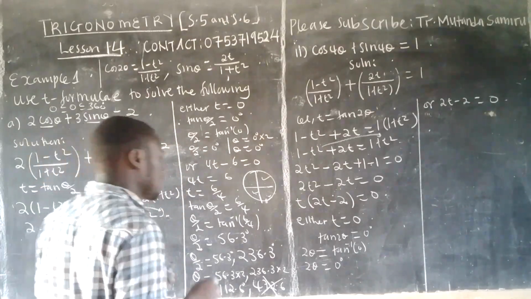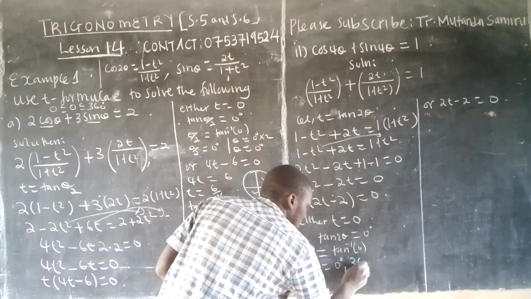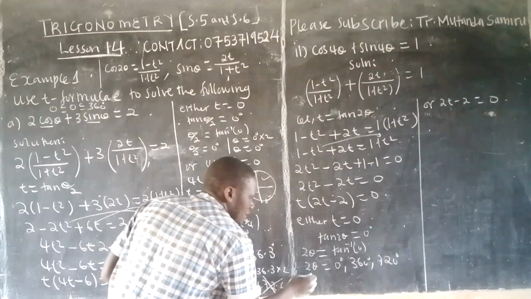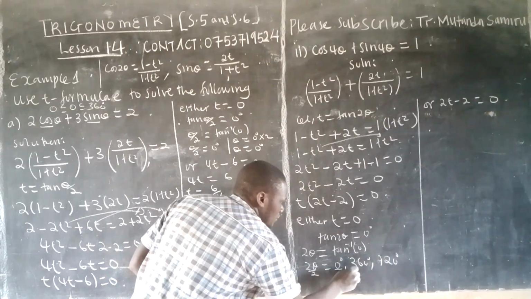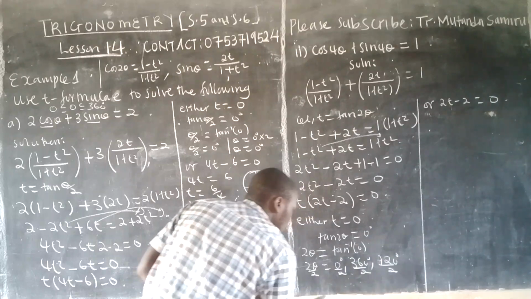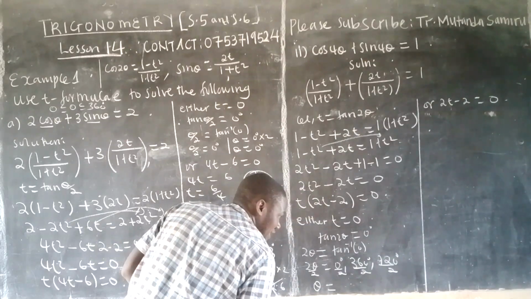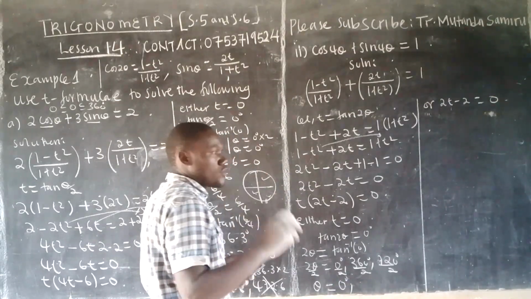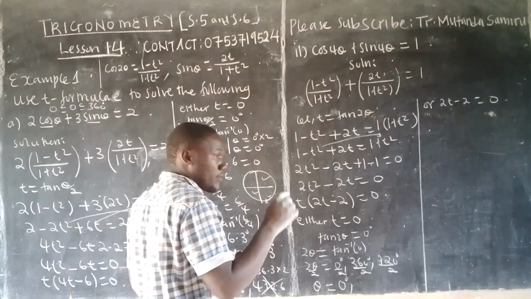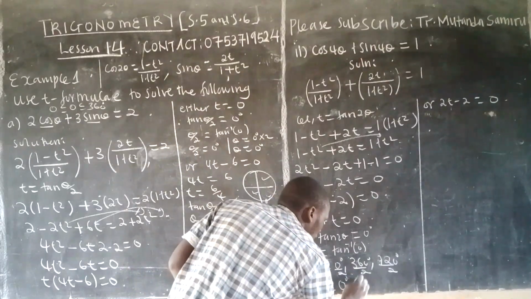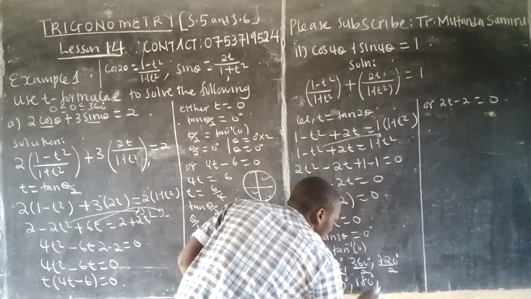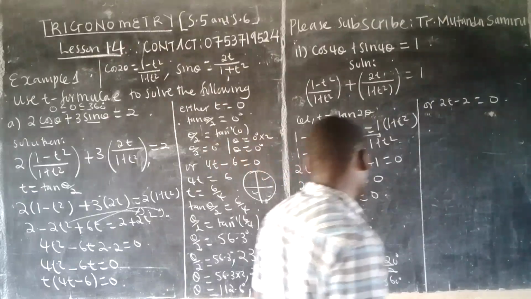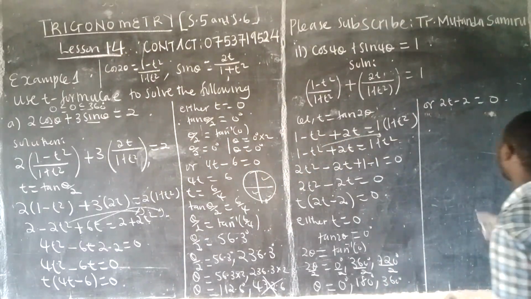So we have 0, 360, 720. Then after that, divide by 2. So your theta will now be 0, 180, and 360. That's about the accumulation.